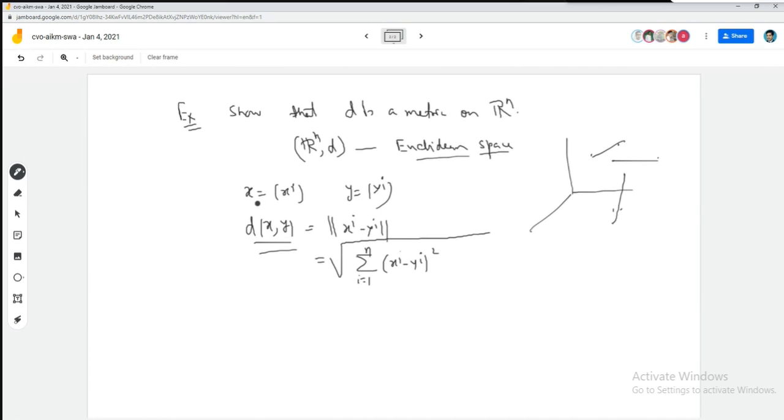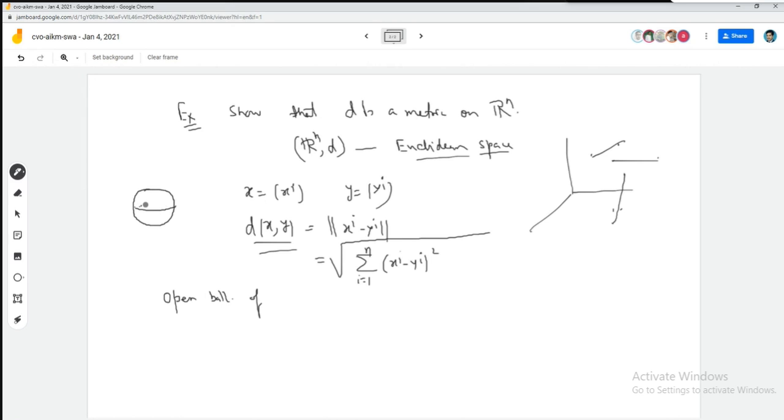Now, with this metric, you can talk about open balls and hence open sets in Rn. So what is an open ball? You can talk about an open ball in Rn.